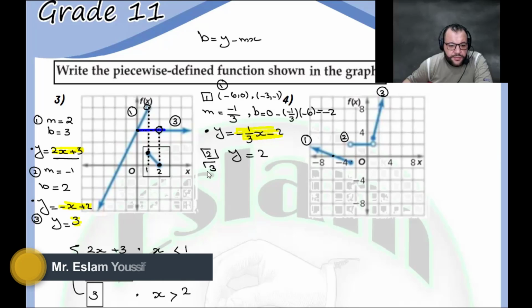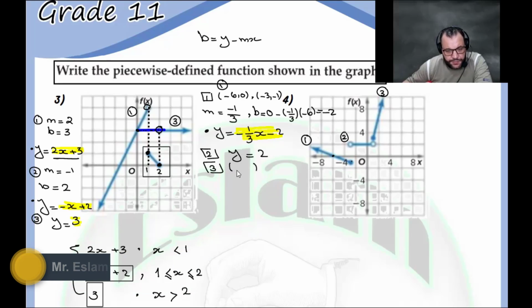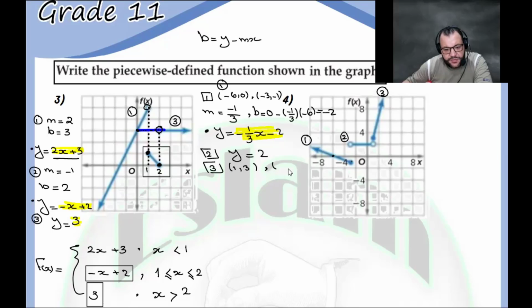Number 3, we just take 2 points. The first point is 1 and 3. The second point is 2 and 6. So the slope is 3.